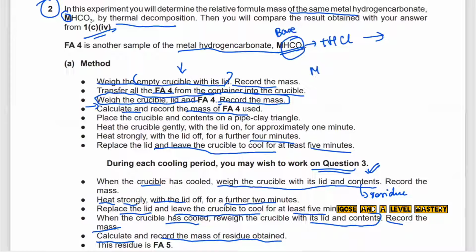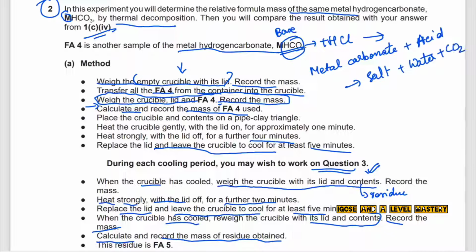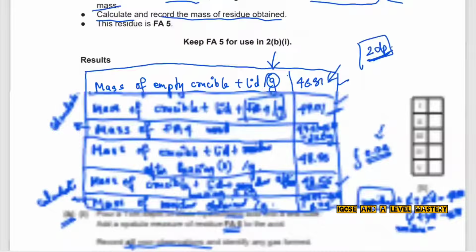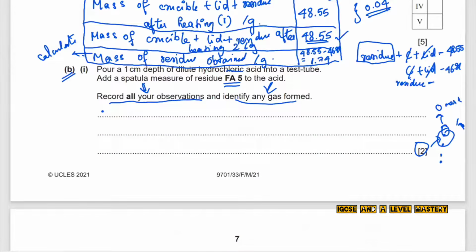Okay, so we have already seen that metal carbonate plus acid gives the corresponding salt plus water plus CO2. So when we add acid, we are going to get carbon dioxide, and they are asking us to test the gas produced, right? So obviously this gas is going to be carbon dioxide. So we'll be doing the test for carbon dioxide.